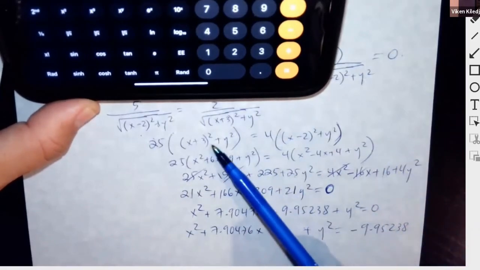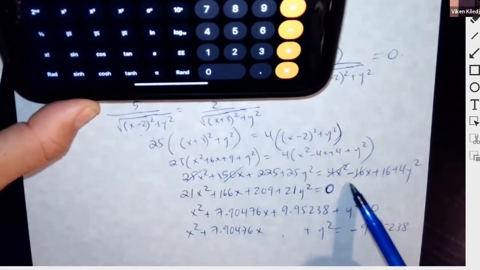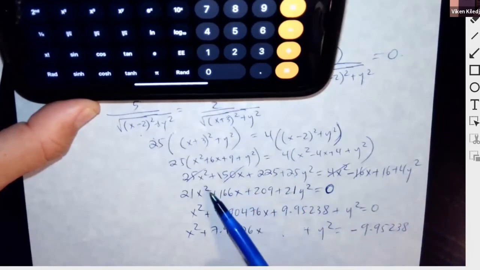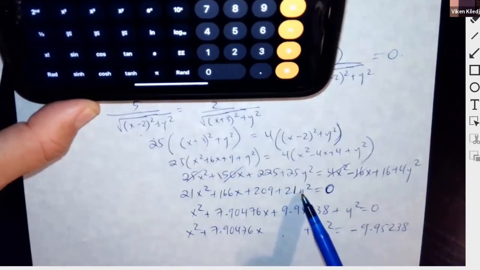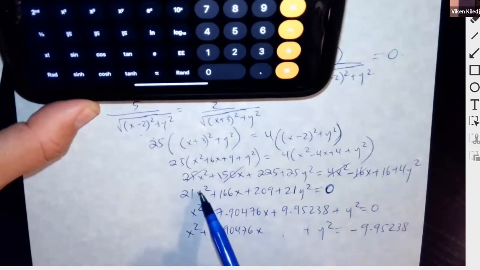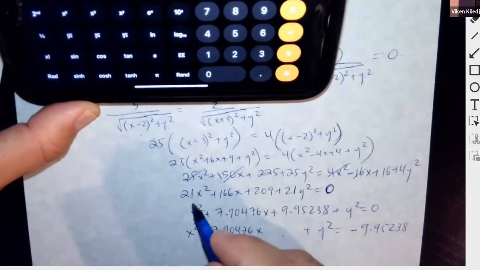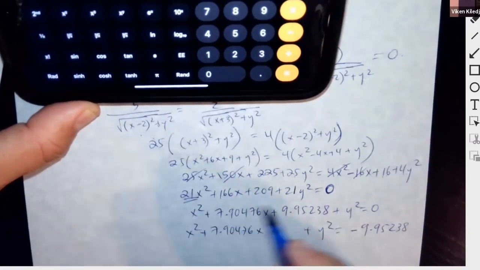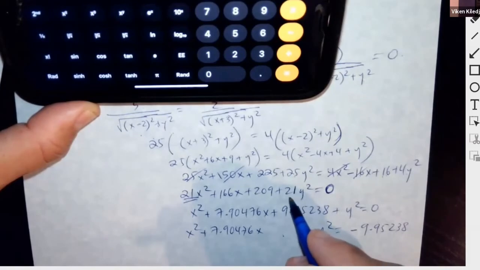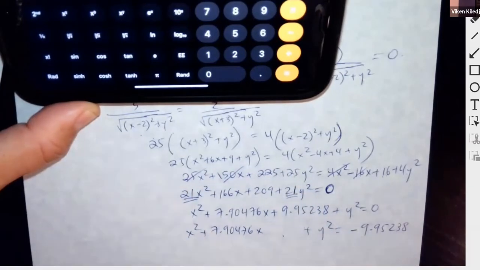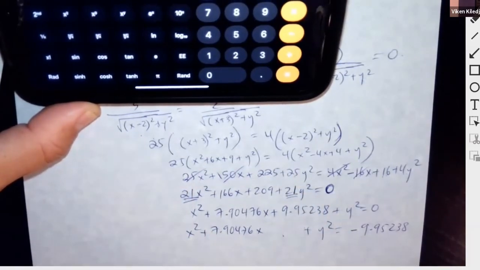So as you are working through this, the coefficient of the x squared turns out to be the same thing as the coefficient of y squared. That means this is a circle, you see. So when I divide everything by 21, you have this, then you have this. So a circle is developing here.